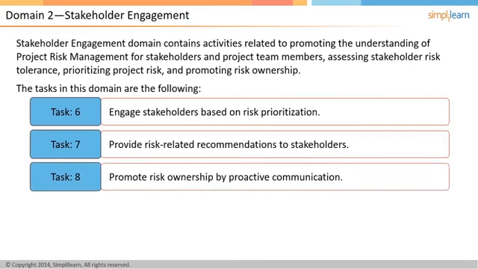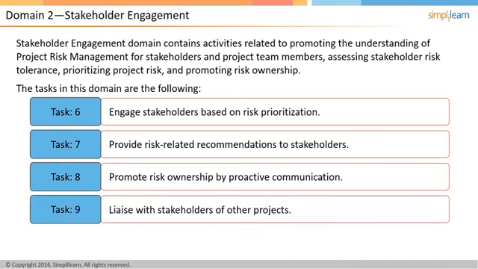The next task is to promote risk ownership by proactive communication of roles and responsibilities to improve risk response execution. The ninth and the last task is to liaise with stakeholders of other projects by the exchange of risk-related information.